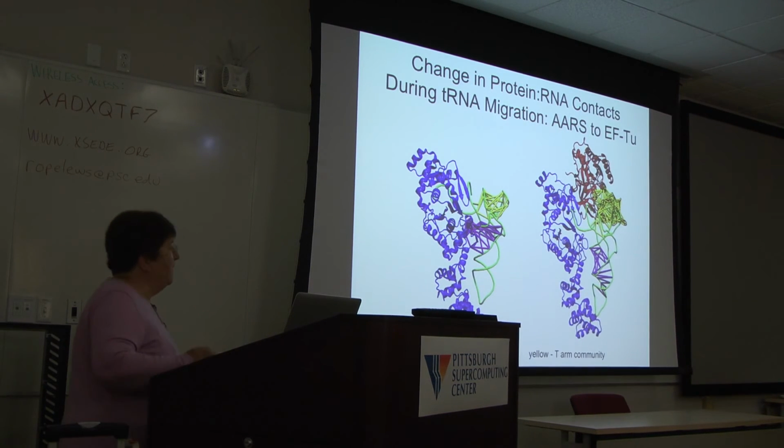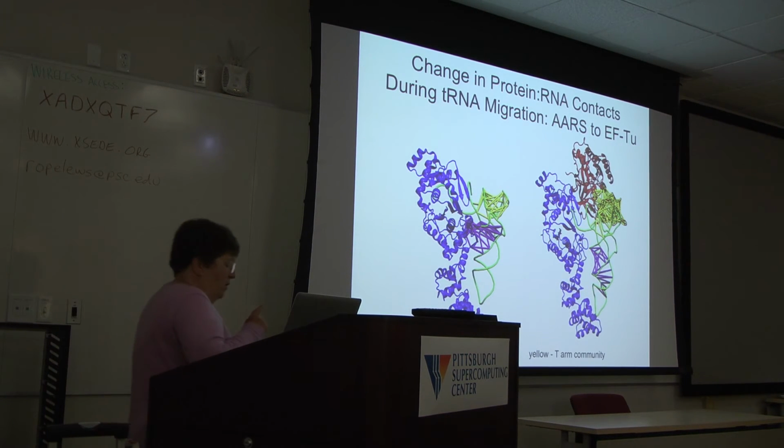All right, and then finally, I think you were asking about how often one should do this analysis. So here we have the synthetase with the tRNA. You can even look in this purple community. It involves the protein and the RNA. It's not just a protein community or an RNA community.